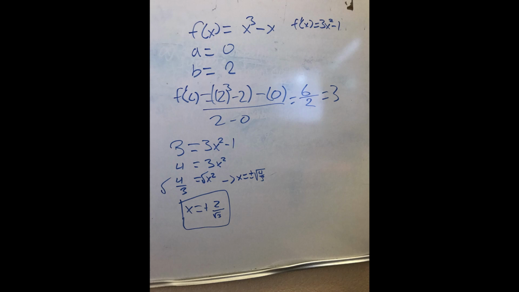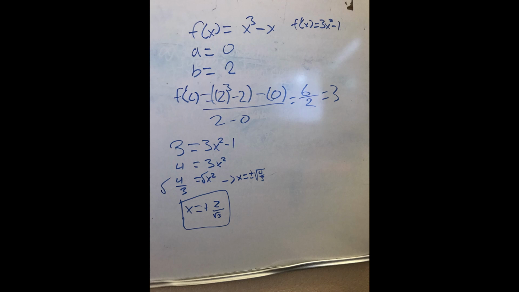For our example for the mean value theorem, we have the function f of x equals x cubed minus x. We're going to set a to 0 and b to 2.